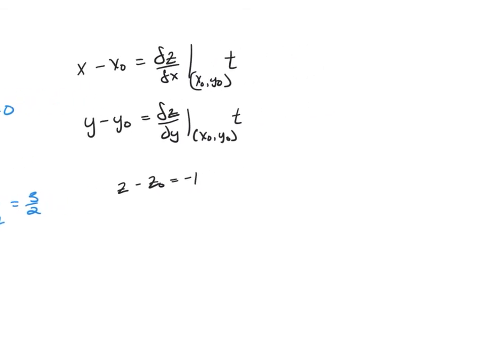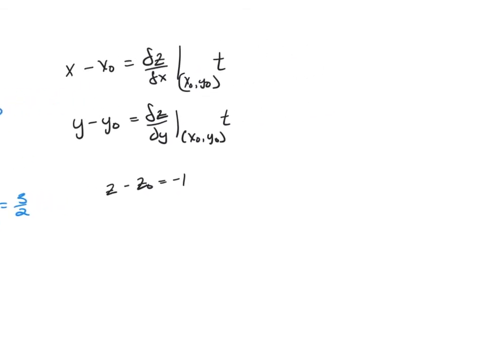Now I end up with, using my derivatives evaluated and my x naughts, x minus 1 is equal to 3/2 t. y minus 1 is equal to 3/2 t. And z minus 1 is equal to negative 1.